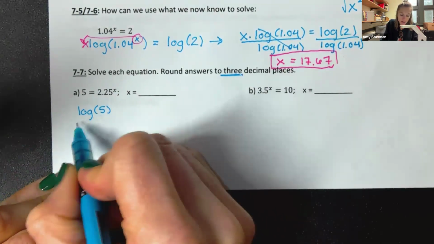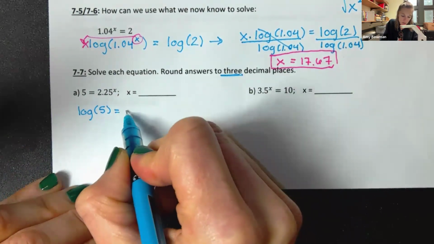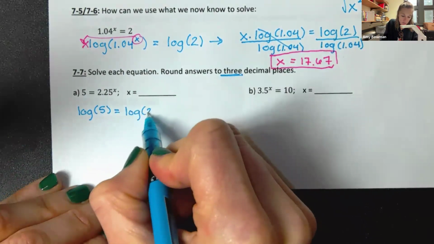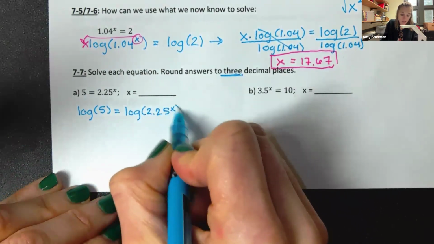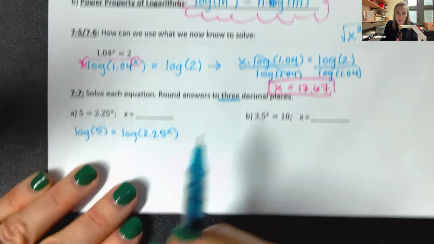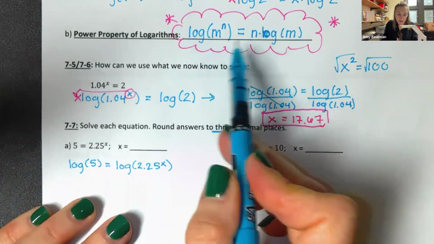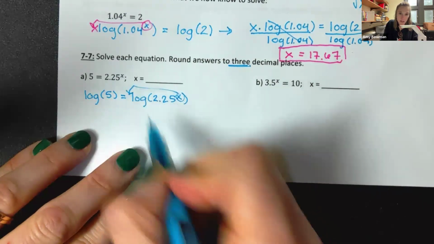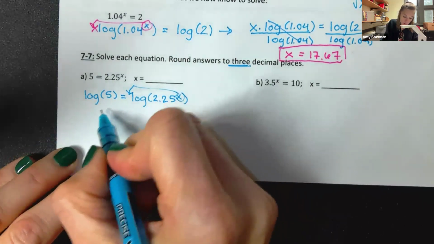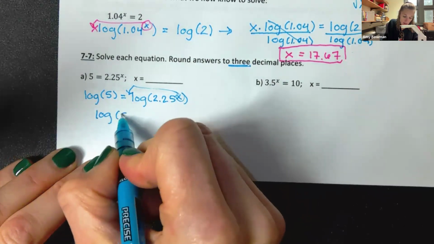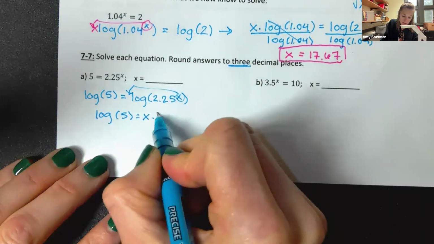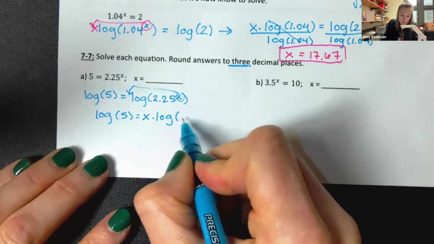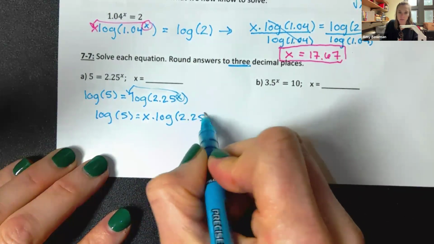So I'm applying log to the left, which means I can do log on the right, 2.25 to the x. Then we apply that power property, the whole idea here. And this exponent can come down in front of the log of 2.25. So then we have log of 5 equals x times log of 2.25.